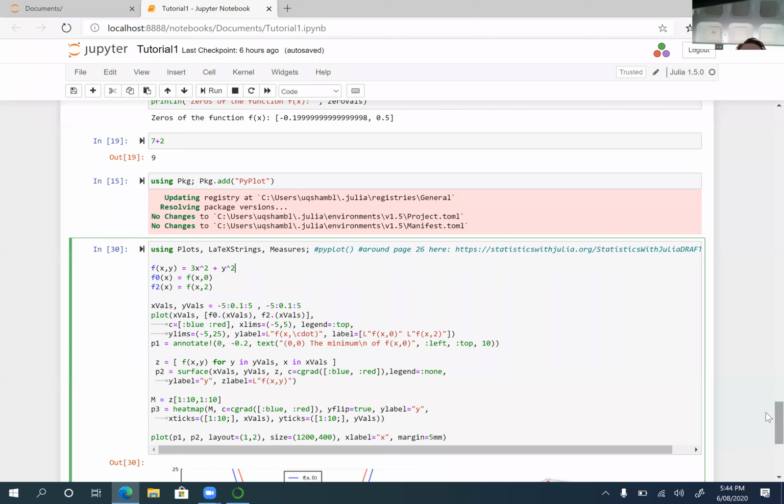Now, in the next one, f2 of x, we have f of x comma 2. So again, we're putting y equals 2, taking a vertical slice of this surface, and that would be 3x squared plus 4.